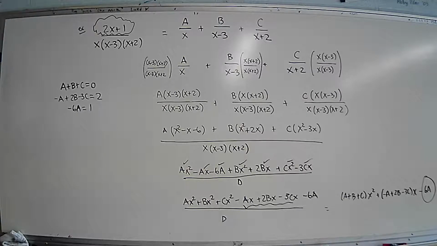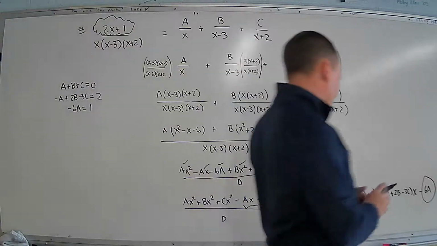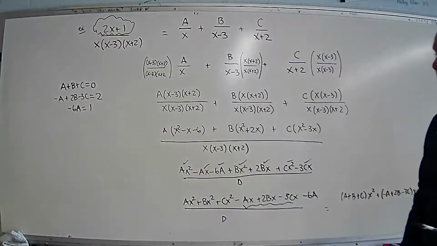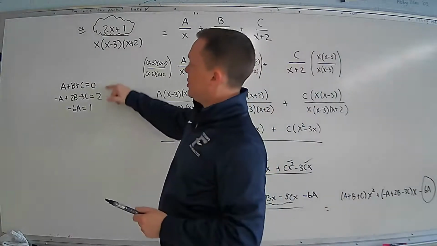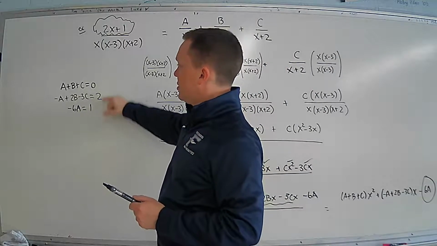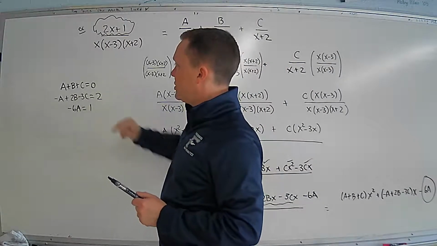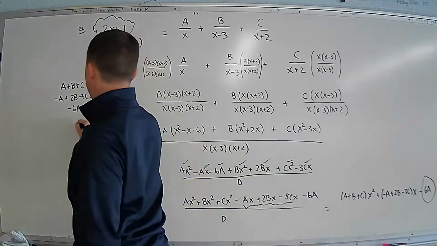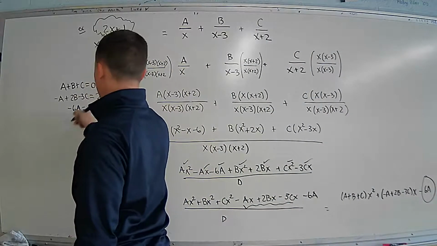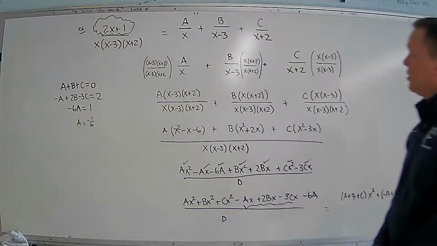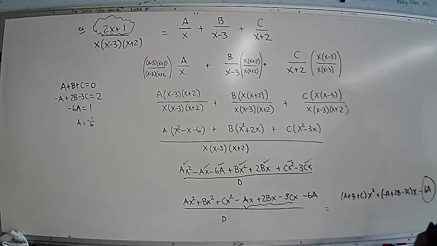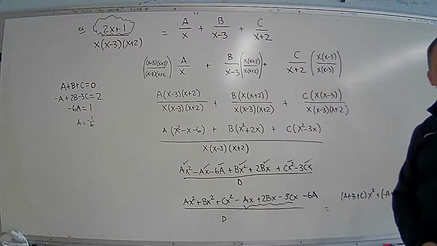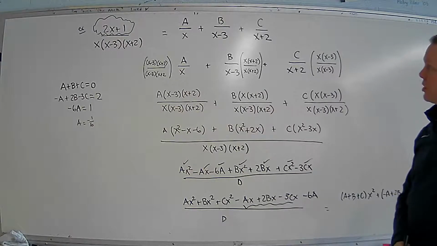This might be a good time to show you the shortcut. How's that sound? Okay? So if I go through and solve this system of equations in 3 unknowns for a, b, and c, I mean, I think it's pretty clear a is negative 1/6. We can already kind of conclude that just based off of what's written there. But here's the shortcut.